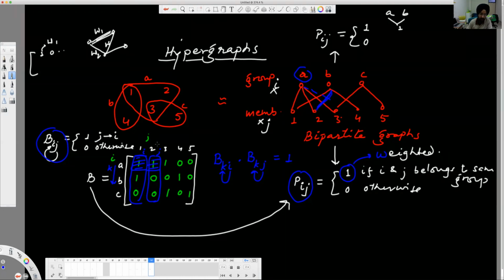Which means this becomes 1 here in this matrix. Then the weight will be more, because nodes 1 and 2 share two groups now, A and B. I should give more weightage here because there's a greater strength between nodes 1 and 2. They not only belong to group A, they also belong to group B together. So I get more information if I sum over k, very similar to what we did in the bibliographic network.